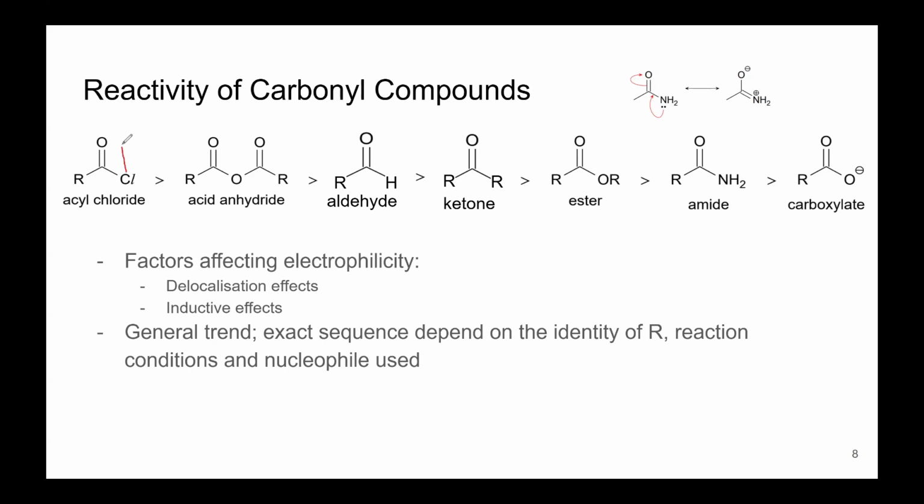For the chlorine, the p orbital that is used for delocalization, to overlap with the p orbital of the electrophilic carbon here, is a 3p orbital, while the electron poor p orbital inside this carbon is a 2p orbital. So the sizes are really different, and so the overlap is not as extensive.